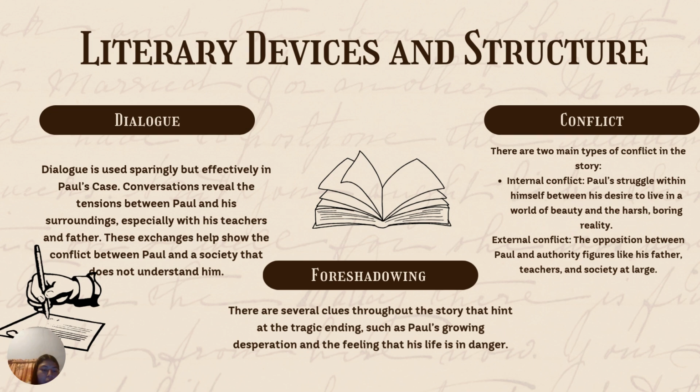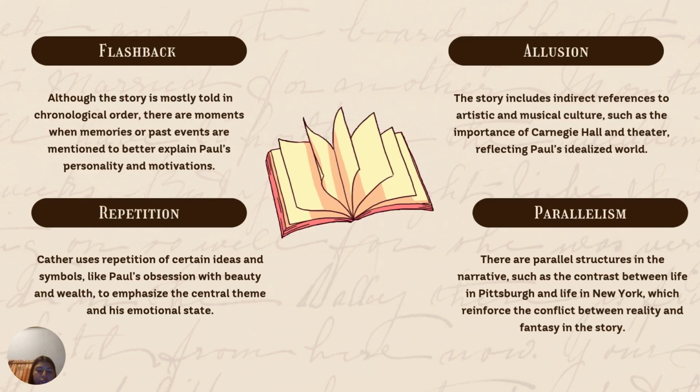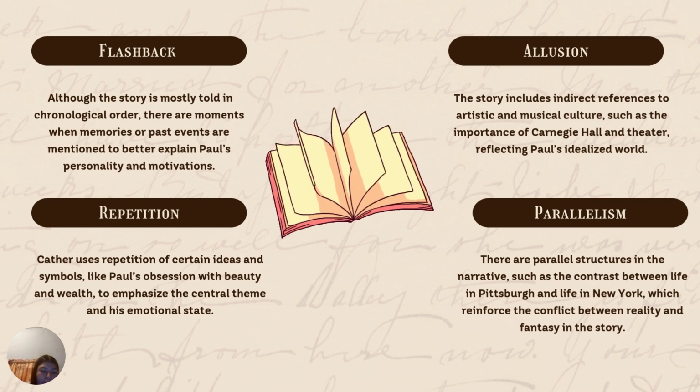Foreshadowing. There are several clues throughout the story that hint at the tragic ending, such as Paul's growing despair, the separation, and the feeling that his life is in danger. Flashback.